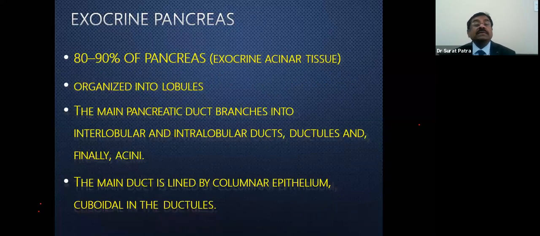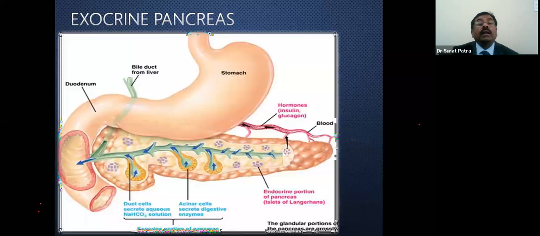Exocrine pancreas: 80 to 90% of the pancreas is exocrine pancreas, organized into lobules. The main pancreatic duct branches into interlobular and intralobular ducts, ductules, and finally acini. The main duct is lined by columnar epithelium and the ductules by cuboidal.